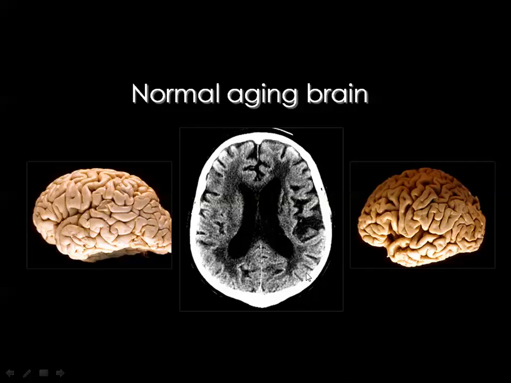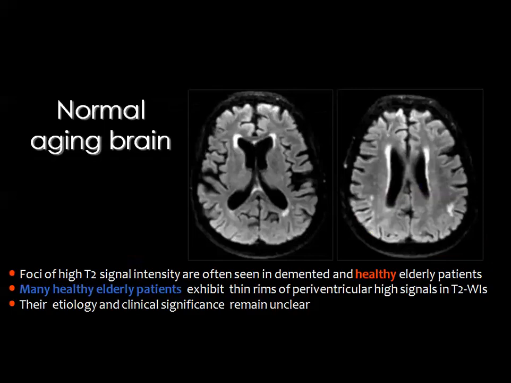And frequently, if we are talking about the CT, we may mention that there is some increase in the hypodensity of the periventricular white matter, suggesting subcortical ischemic changes. But in the recent literature, we see that these described changes in the white matter are present in healthy patients as well as in patients with dementia.